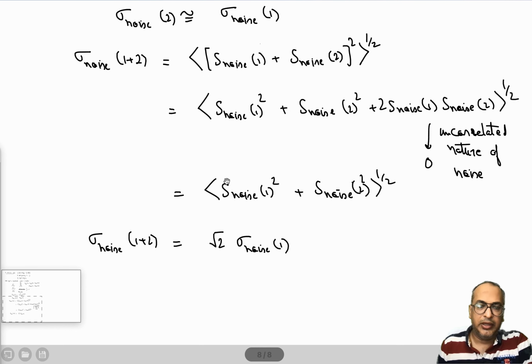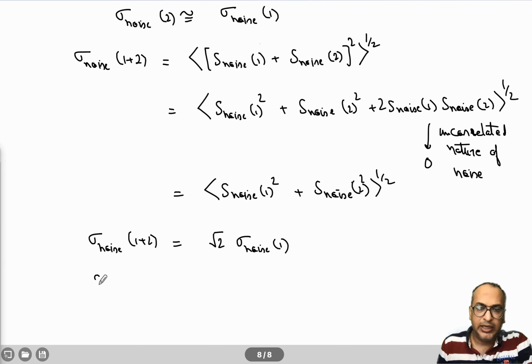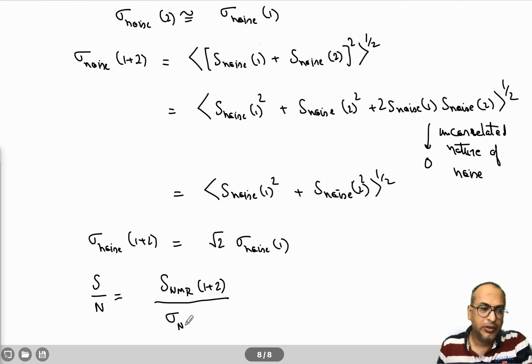So this means now if you calculate the signal to noise ratio over two experiments, let's say you repeat it twice, then you will get the signal over sigma noise 1 plus 2, right?